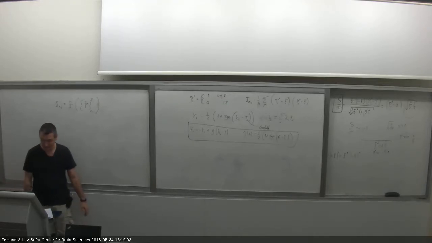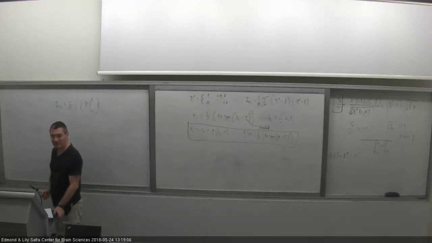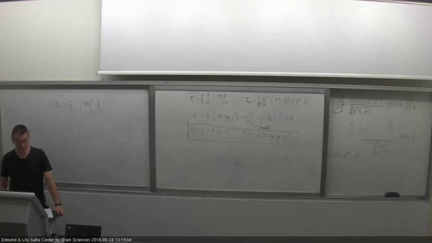We replaced hyperbolic tangent with a sign, and we threw away all the dynamics and only talked about the fixed point. Now I want to go back to the dynamics and ask questions about stability.